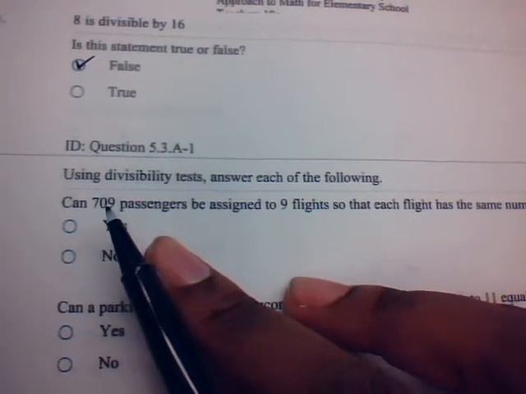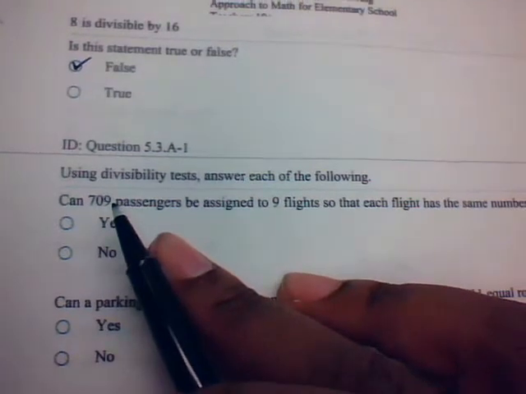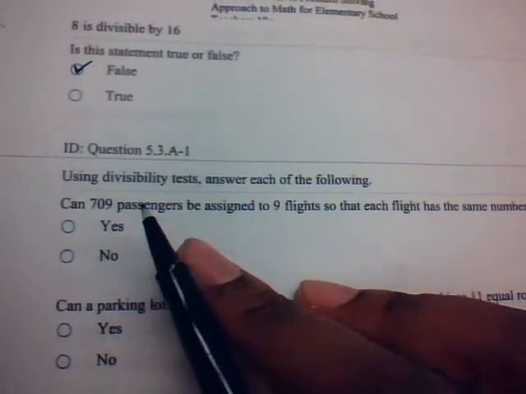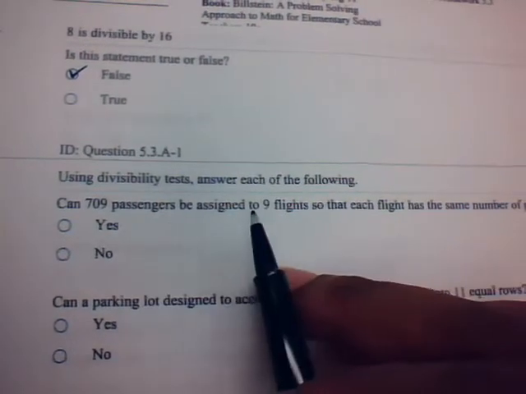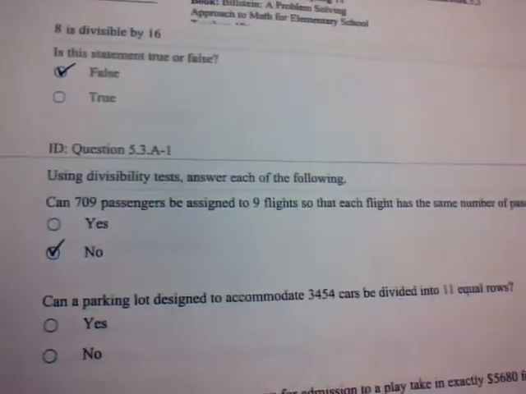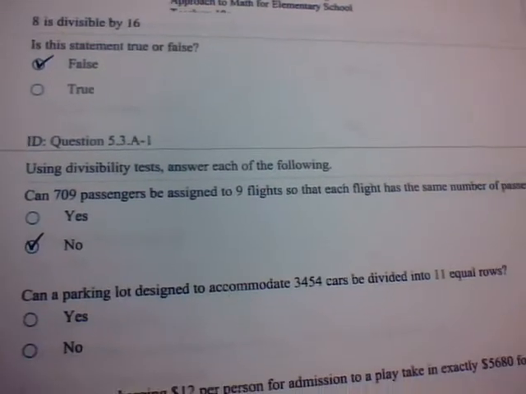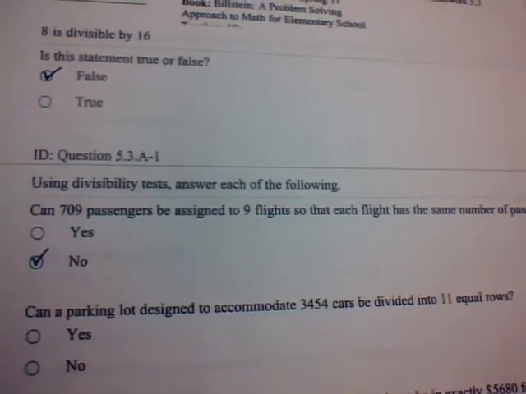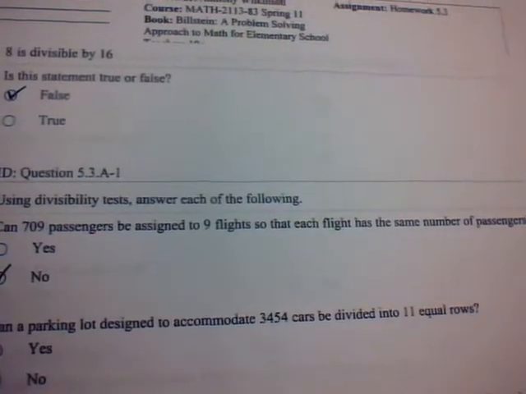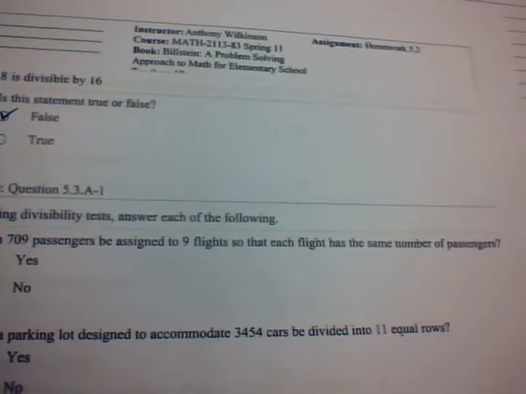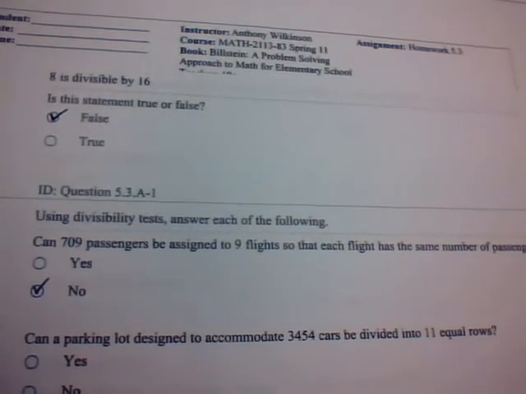So if you add 7 plus 0 plus 9, you're going to get 16. And I know 16 is not divisible by 9. So 709 would not be divisible by 9. So in this case, 709 passengers cannot be assigned to 9 flights in a way that each flight will have the same number of passengers. So the answer there would be no.